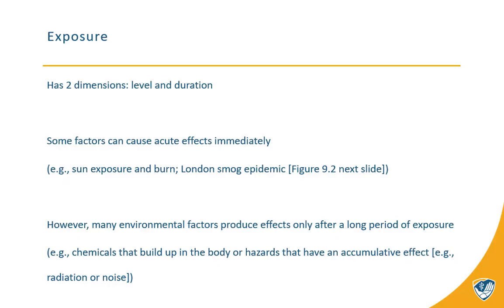However, one issue is that many environmental factors produce effects only after a long period of exposure. For example, chemicals that build in the body or hazards that have an accumulative effect, for example, radiation exposure or noise exposure.